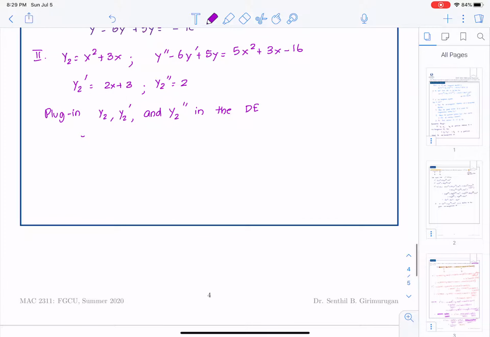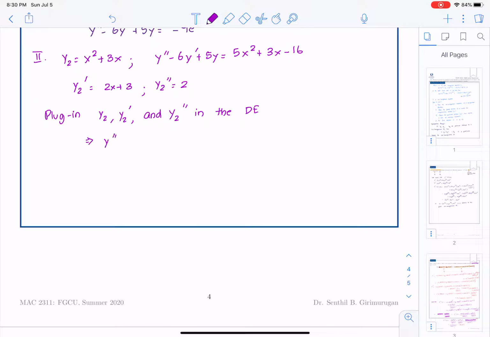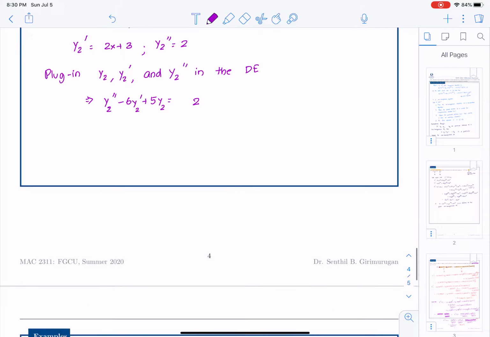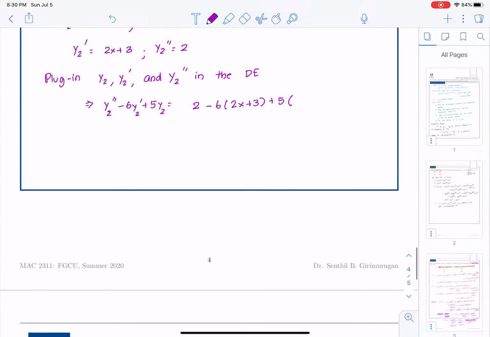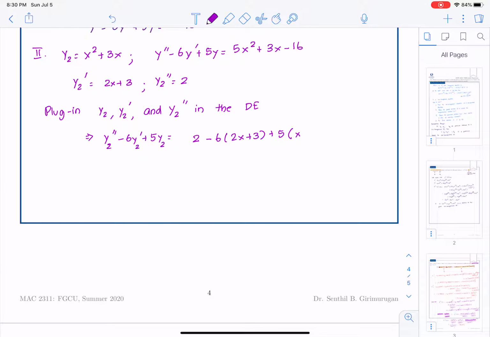This would imply y double prime minus 6y prime plus 5y equals 2 minus 6 times 2x plus 3 plus 5 times the given y2, which is x squared plus 3x.